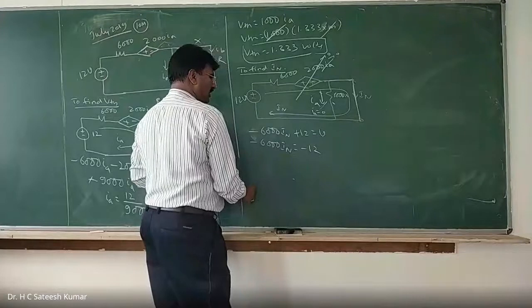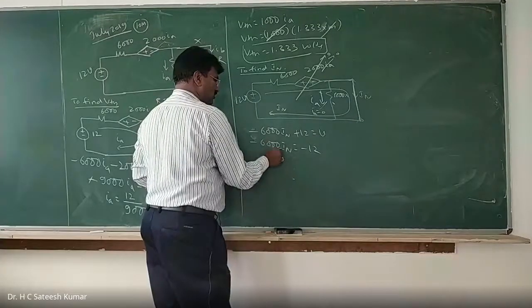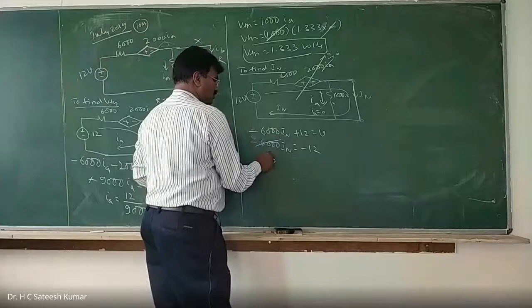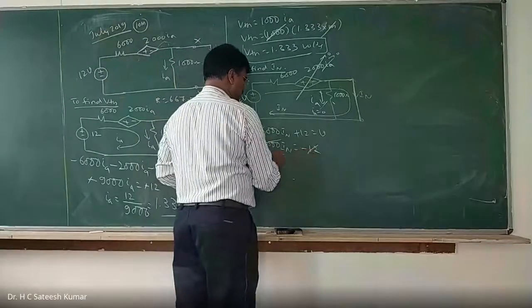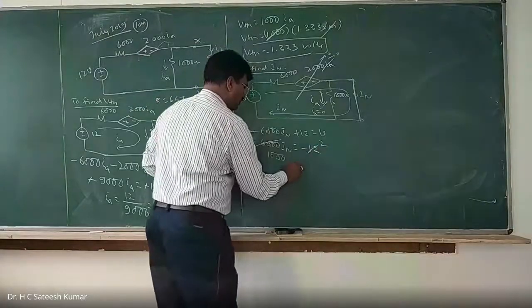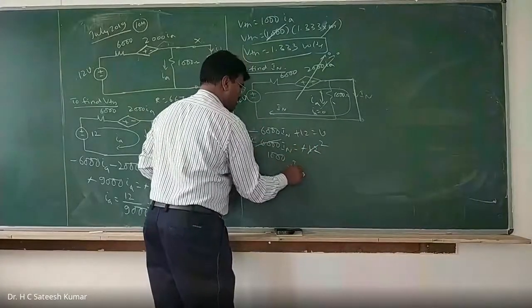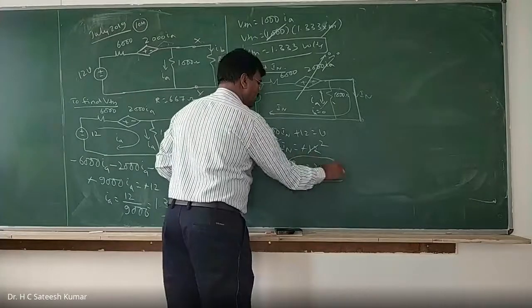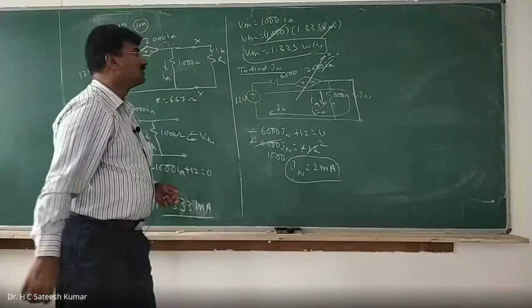Therefore, IN is 12 divided by 6000, the minus signs cancel. IN is equal to 2 milliamps. Okay, right.